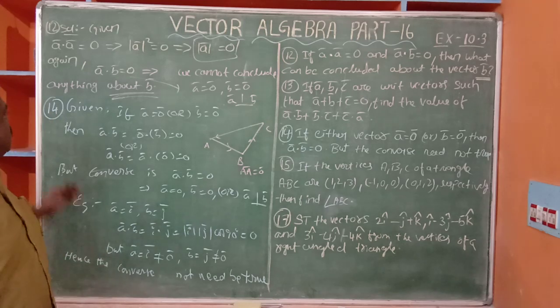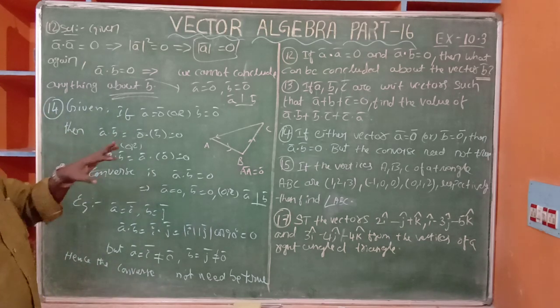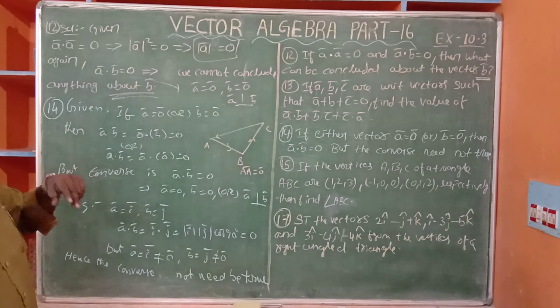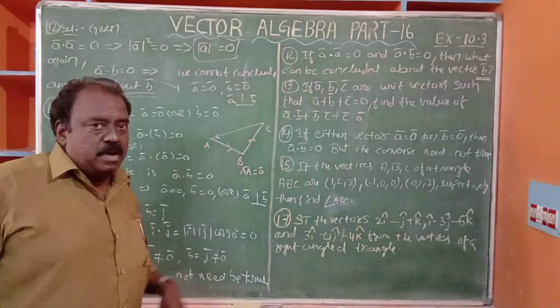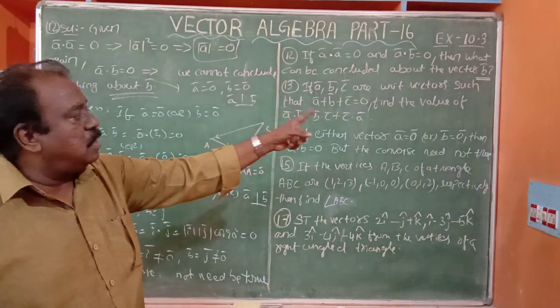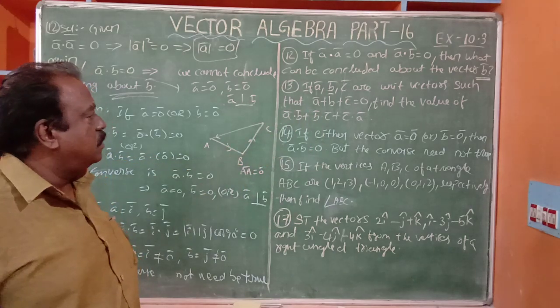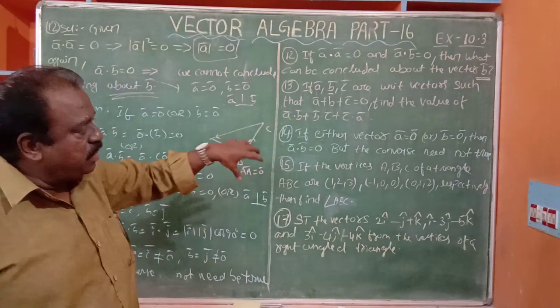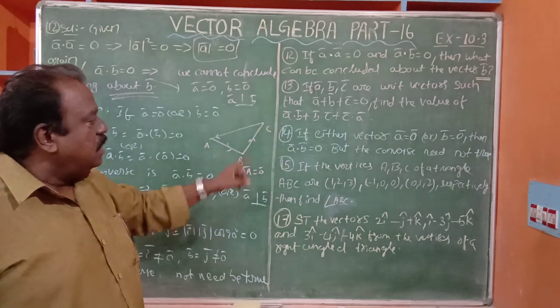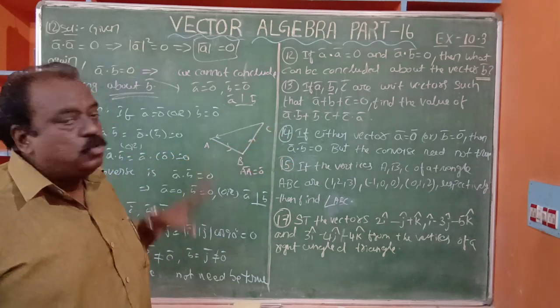Next, the related problem is 14. I want to go to solve 14 and again 13. We will come to 13. What is given? A bar is equal to 0 bar, I'm sorry, a bar is equal to 0 bar or b bar is equal to 0 bar. Either the first vector a bar is 0 bar or the second vector b bar is 0 bar, then a bar dot b bar is equal to 0.